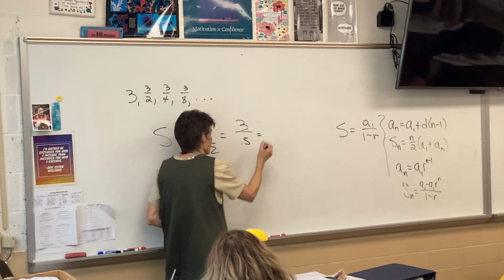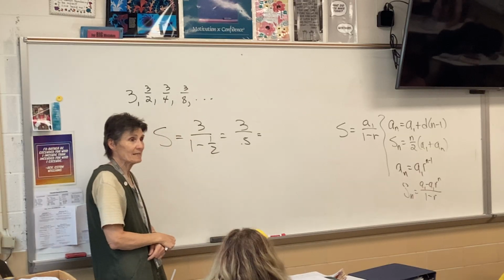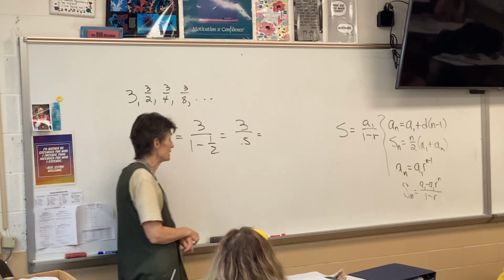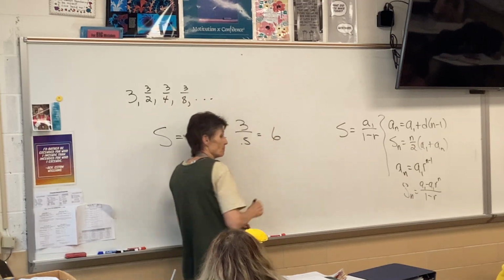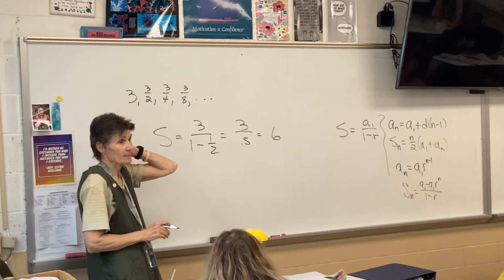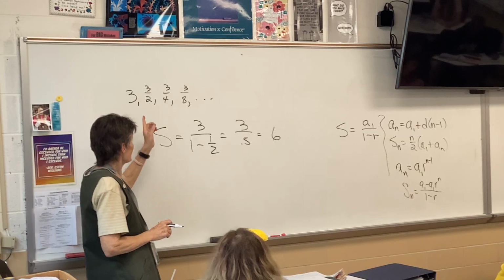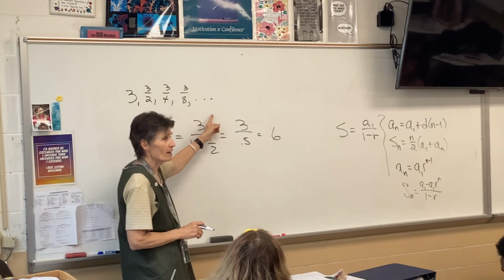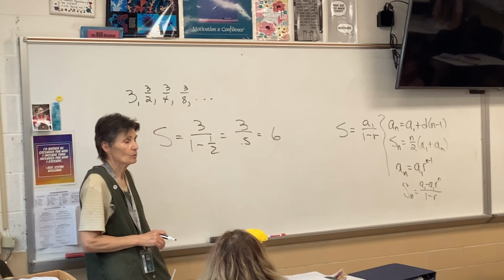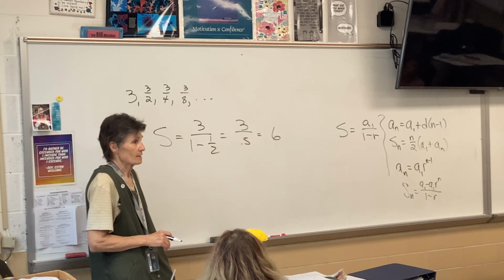So 3 divided by 0.5, or 3 divided by 1/2, however you do it, is 6. So that one, the answer is 6. If you kept adding these up forever and ever and ever, you would keep getting closer and closer to 6.